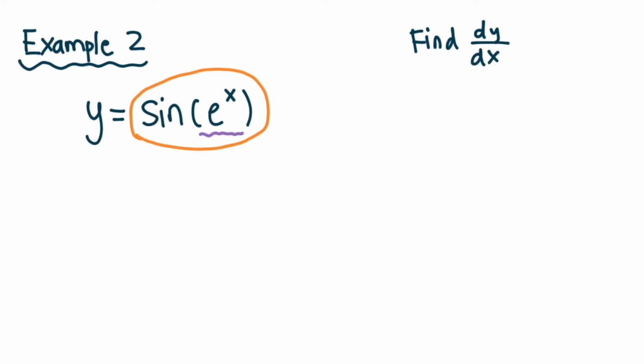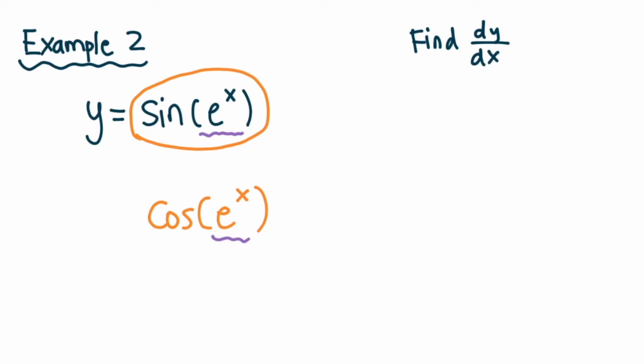So first, let's take the derivative of the outside function, leaving the inside completely alone. So what's the derivative of sine? It's going to be cosine. So cosine of e to the x, right? That's the outside function, leaving the inside completely alone. So now we have to take the derivative of e to the x.